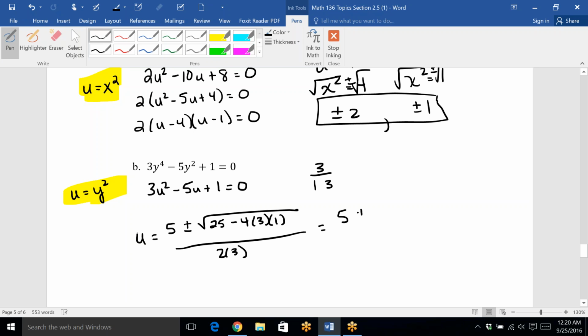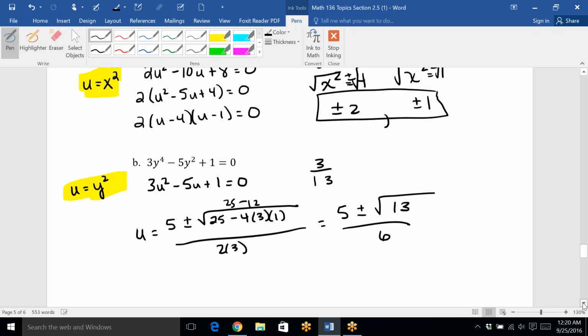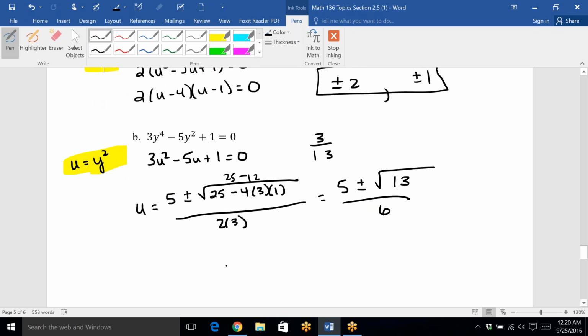This equals 5 plus or minus the square root of 25 minus 12, so that would be 13, all over 6. But here's the problem. This is u. We want y, so we have to replace this: y squared equals 5 plus or minus the square root of 13 over 6.